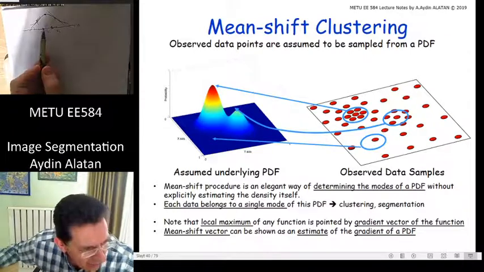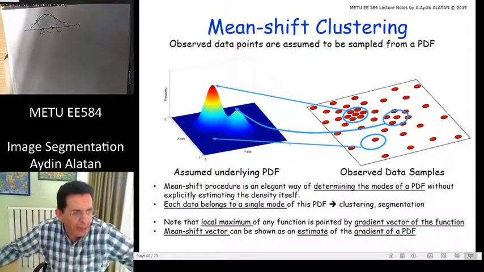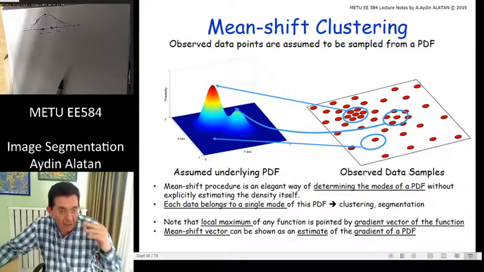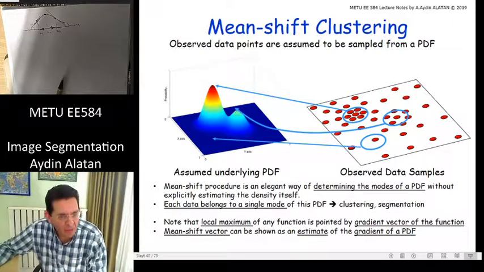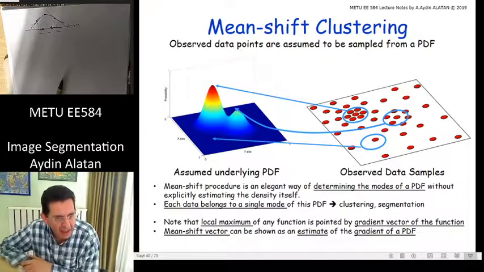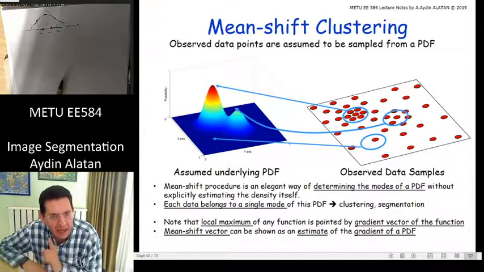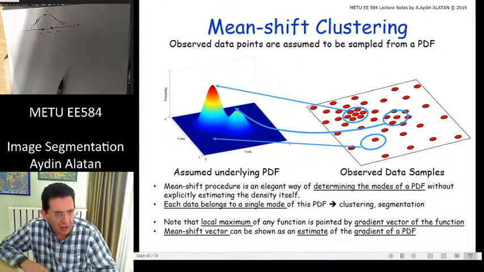This is like a positive or negative scalar here, but in two-dimensional or multiple dimensions, we have a plot and we have a vector, and that vector will show me nothing but the direction of the peak.